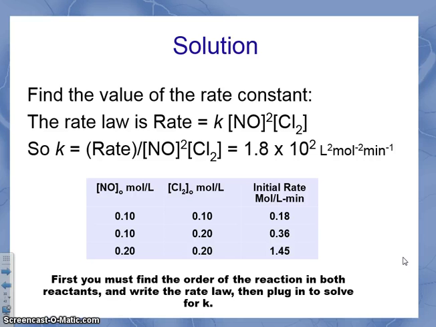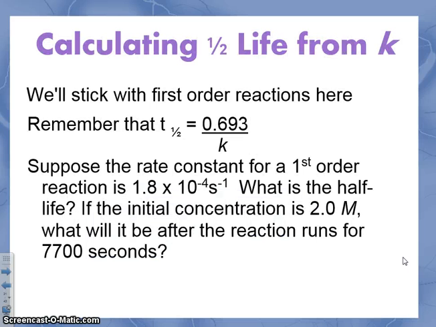The rate law is K times NO squared times Cl2 concentration. So K is the rate divided by those two things. And if we plug in any of these numbers, it's 1.8 times 10 squared, and you can see the rather complex units that accompany it.